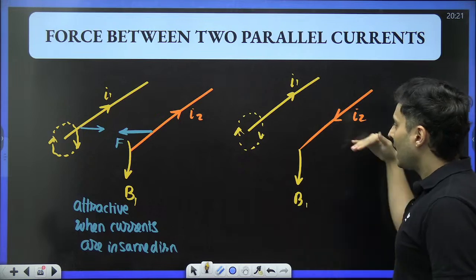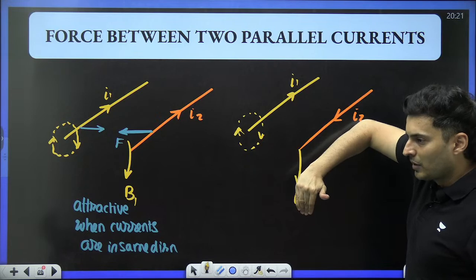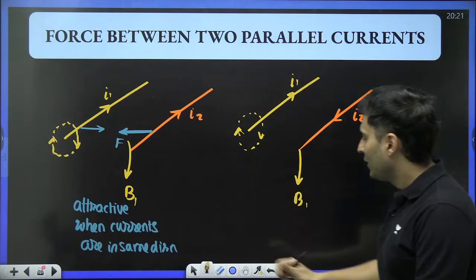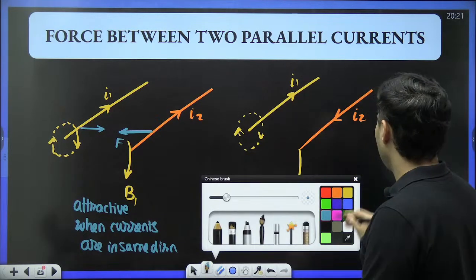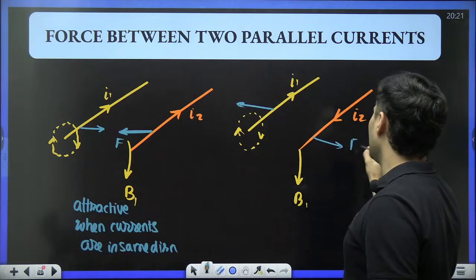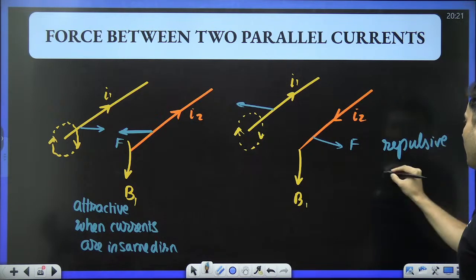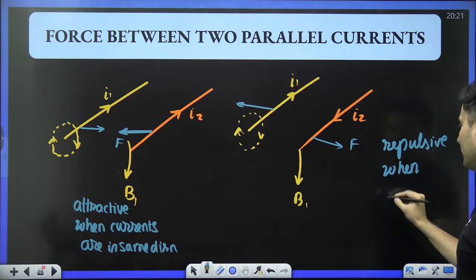Now you can see L is there, B is down. So the thumb goes this way, so definitely the force will be like this. So this force is repulsive when currents are opposite.